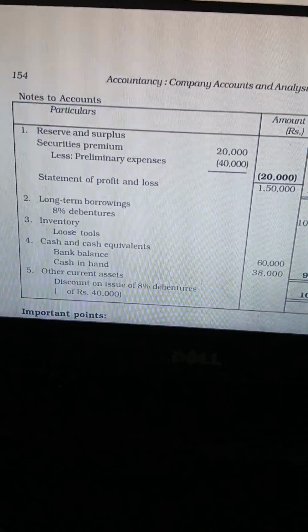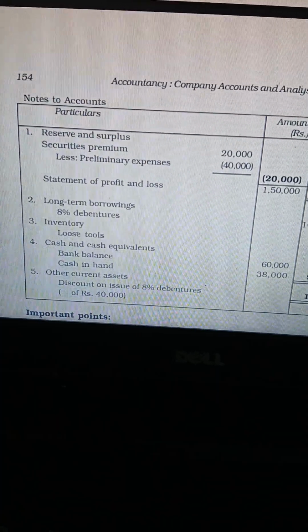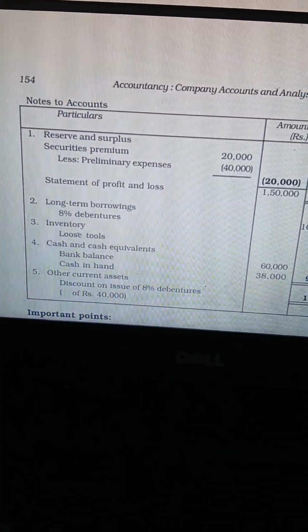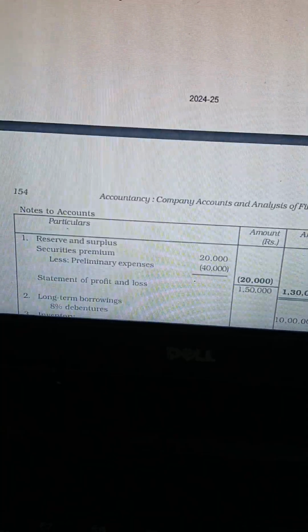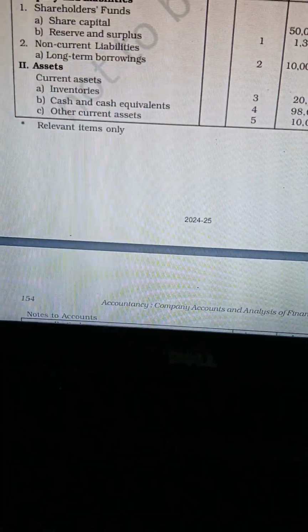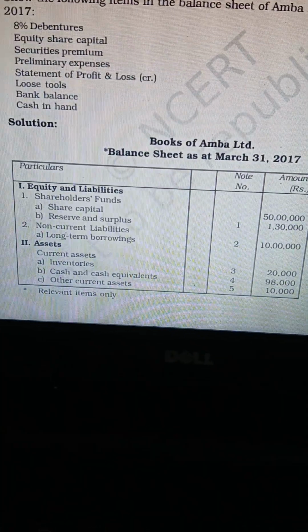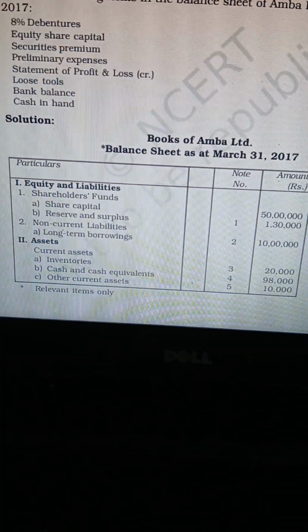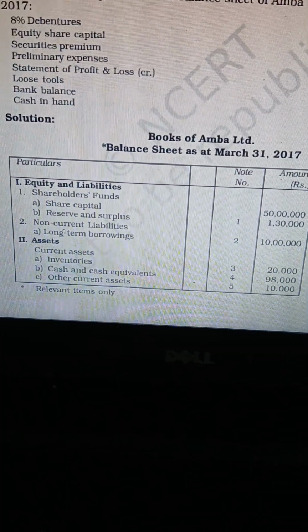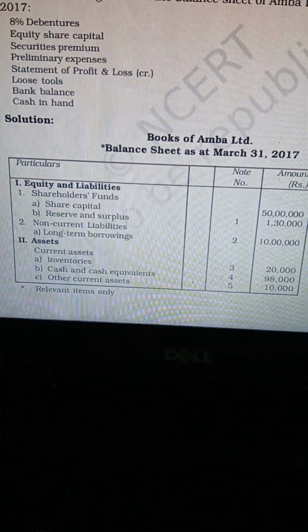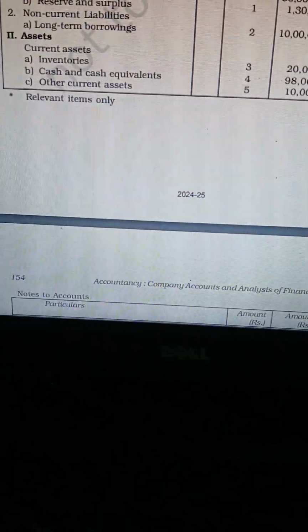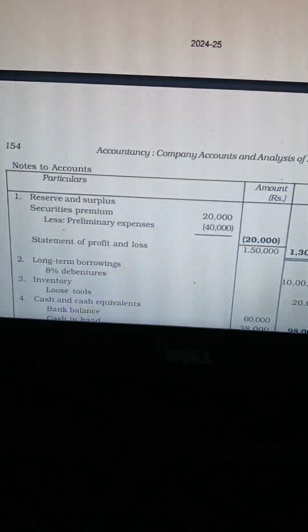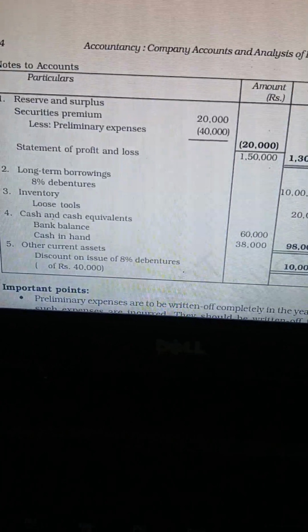The first item relating to reserves and surplus. The first item that comes under reserves and surplus is securities premium. The amount given in the question is 20,000. Then preliminary expenses and the statement of profit and loss, credit balance. These three items will come under the reserves and surplus heading.